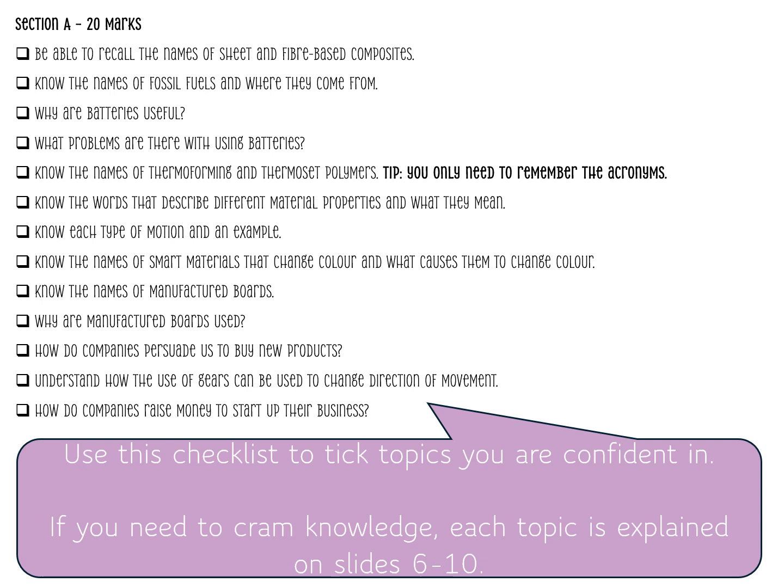You can use this slide as a checklist to check against the topics that you're confident in, and I'm going to leave you to work through the next set of slides at your own pace so that you've got time to revise and cram knowledge for areas that you're not so confident with.